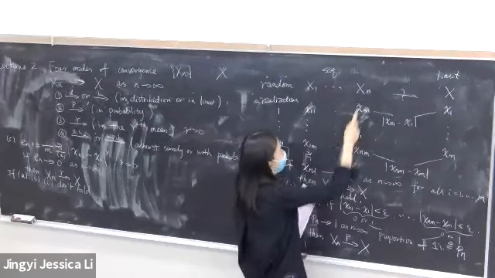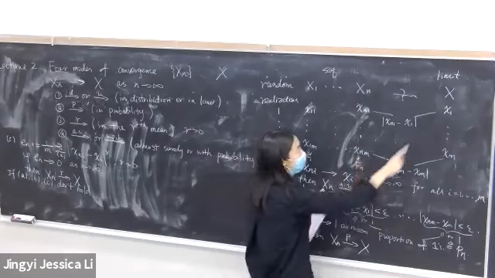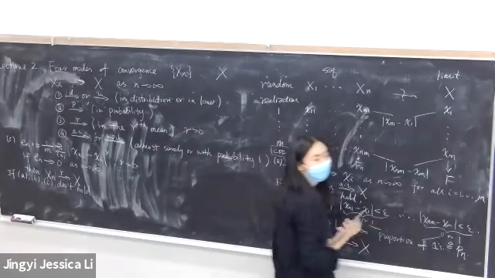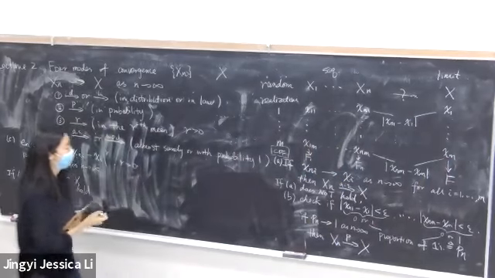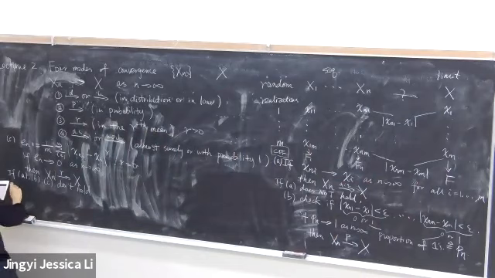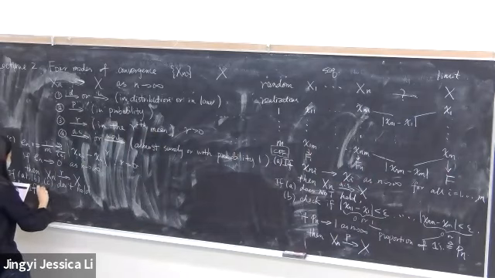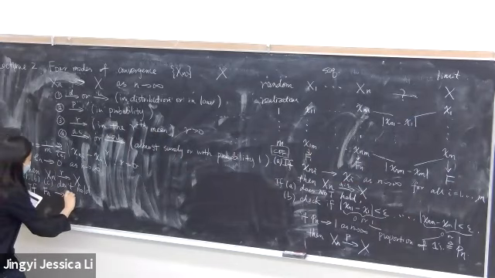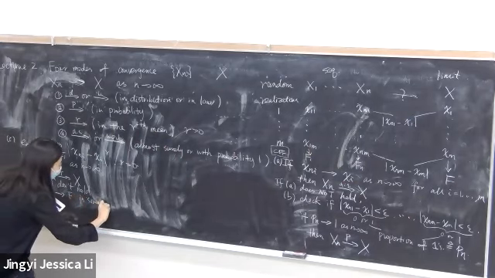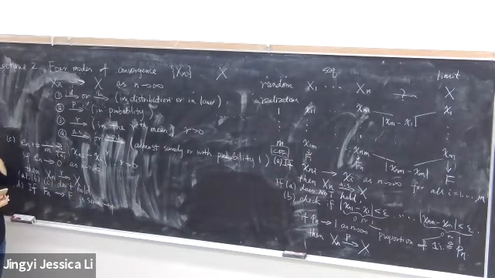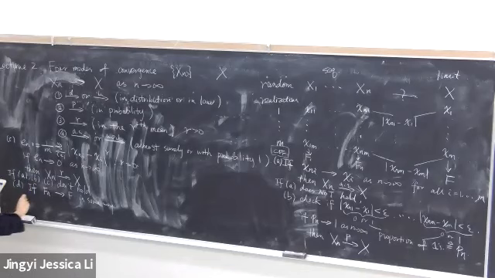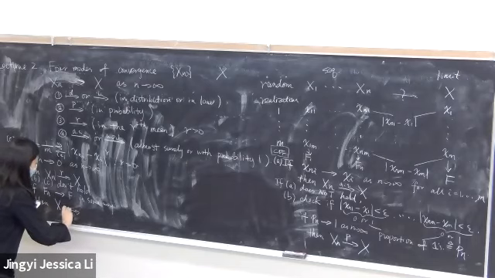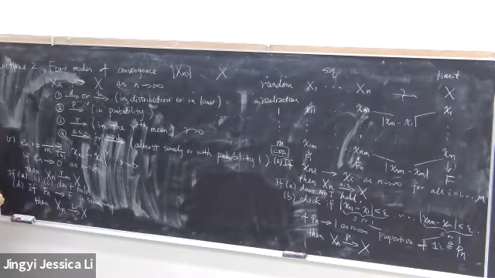And I also have Fn here, and for the limit, I have an F. So if the CDF functions converge to the CDF of the limit in some way, and I'm going to be more specific later, but if you do have the convergence of the CDF functions, then you say Xn converges to X in law or in distribution.